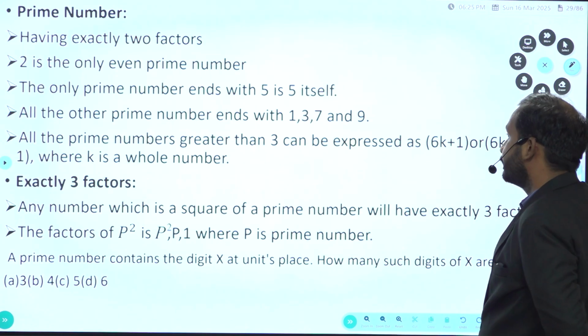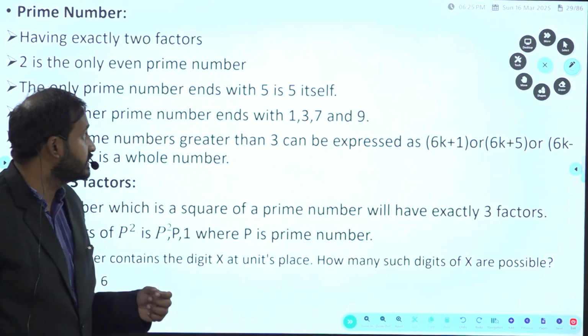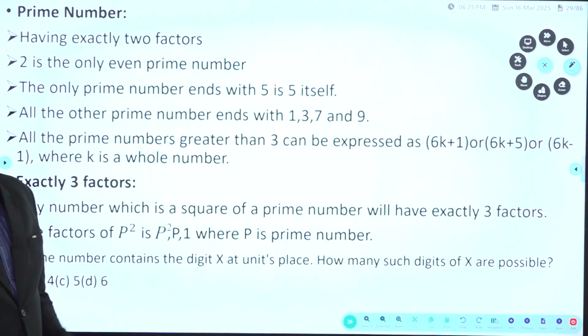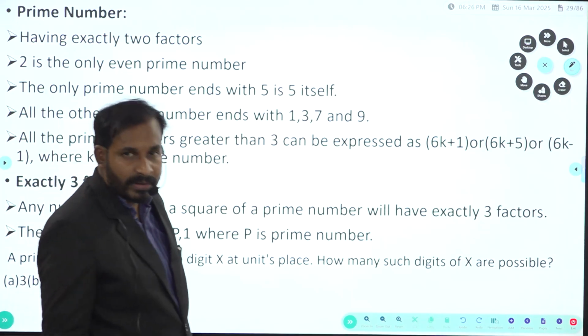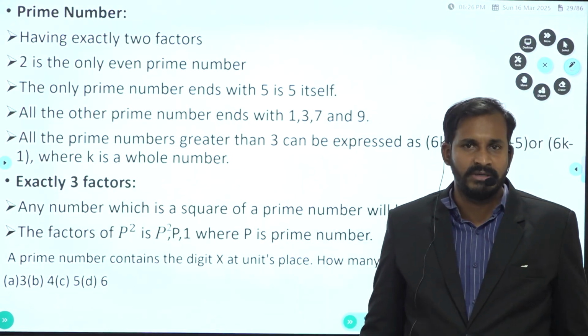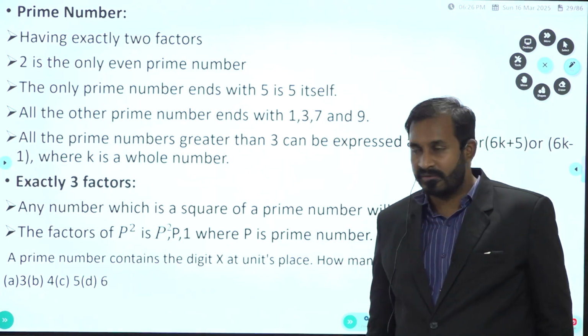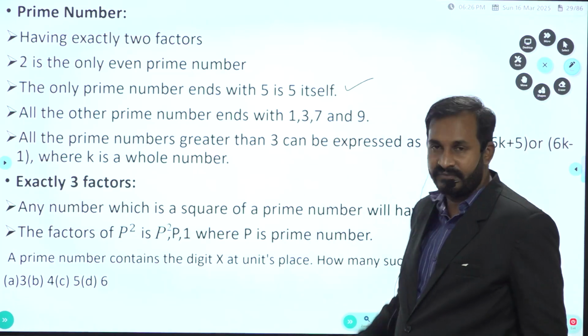Next, about the prime numbers, we have some data. Numbers having exactly two factors are called prime numbers. 2 is the only even prime number. If you observe carefully, except 2, all the remaining prime numbers are odd. Next, the only prime number that ends with 5 is 5 itself.